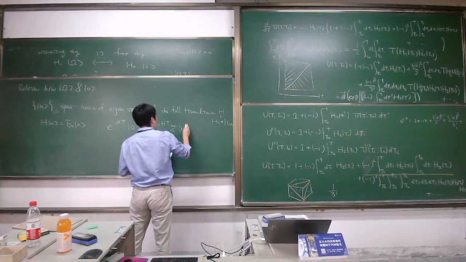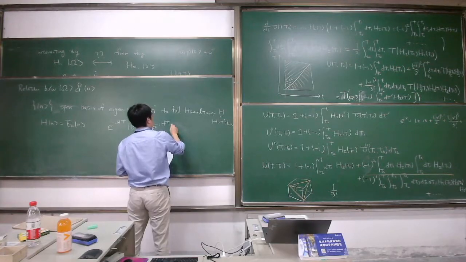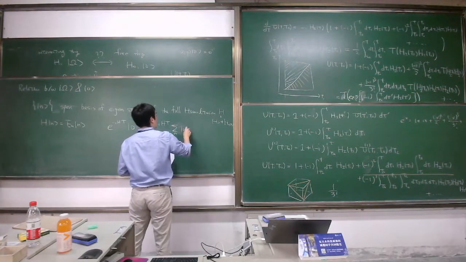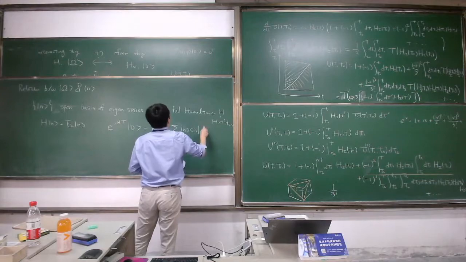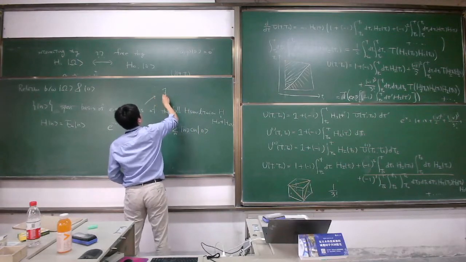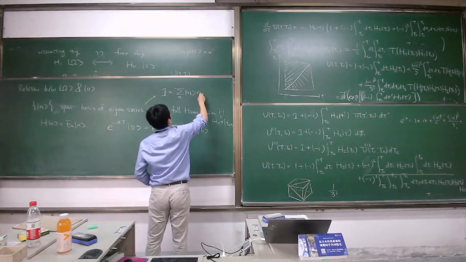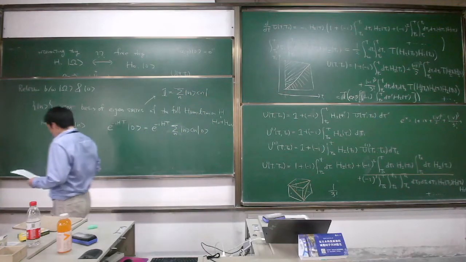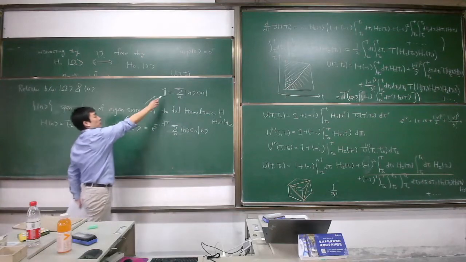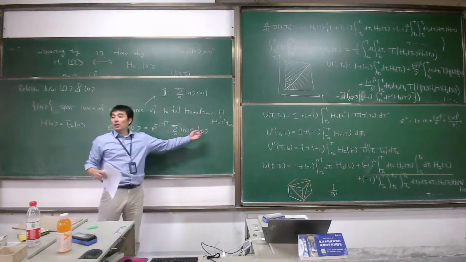So |n> span the space. This means that the identity operator can be written in the usual manner in quantum mechanics, like this way. So we insert the identity operator here and take the inner product.